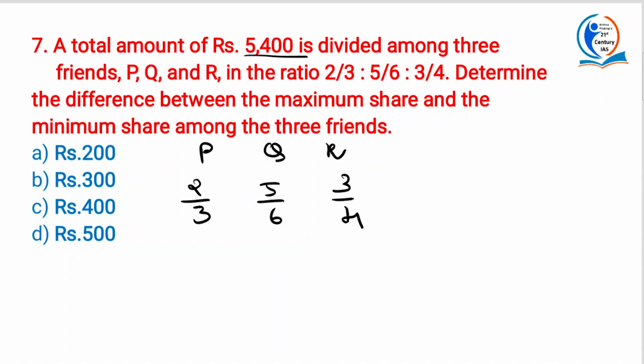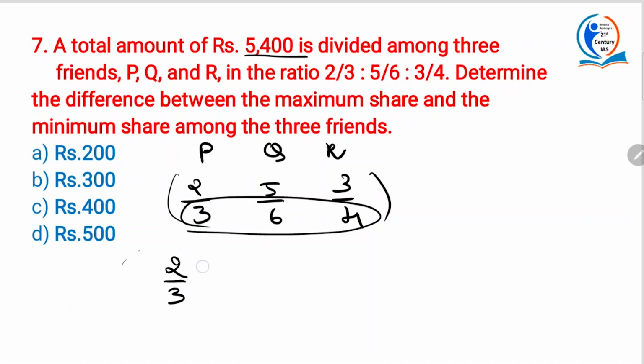Now you should know one thing, how to simplify this ratio. You have to multiply with the LCM of the denominators. Why? So that the denominators will get cancelled. Now what is the LCM of 3, 6 and 4? It's 12. So 2/3 into 12 is to 5/6 into 12 is to 3/4 into 12.